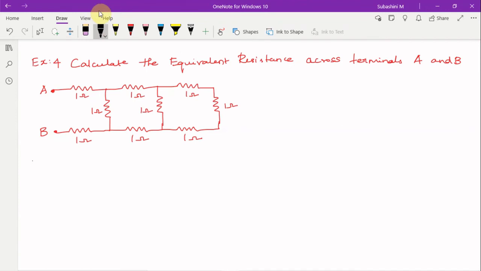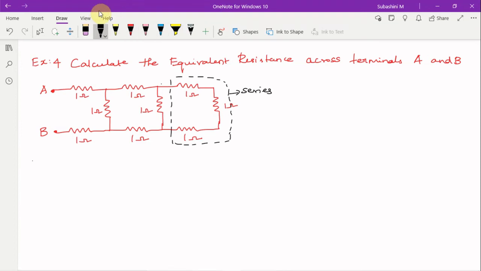We have to calculate the equivalent resistance across the terminals A and B for the given circuit. So now let us see how to calculate this. As you can see, these three resistances are connected in series. Why series?